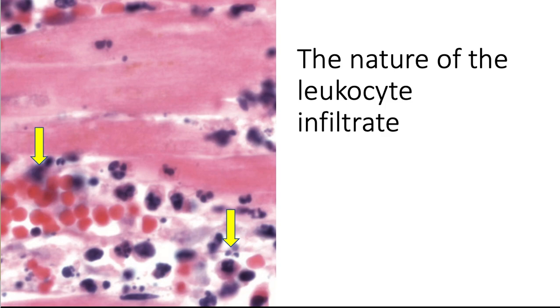The nature of the leukocyte infiltrate varies with the age of the inflammatory response and the type of stimulus. In most forms of acute inflammation, neutrophils predominate in the inflammatory infiltrate during the first 6 to 24 hours and are gradually replaced by monocyte-derived macrophages over 24 to 48 hours.